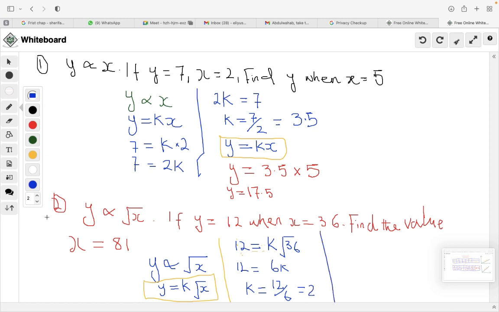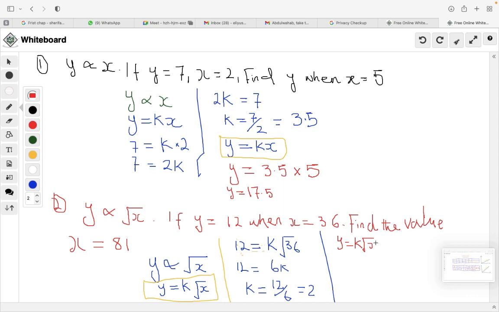Now let's find y when x is equal to 81. So you come back to the function y equal to k root x. Now we know the value of k is 2.